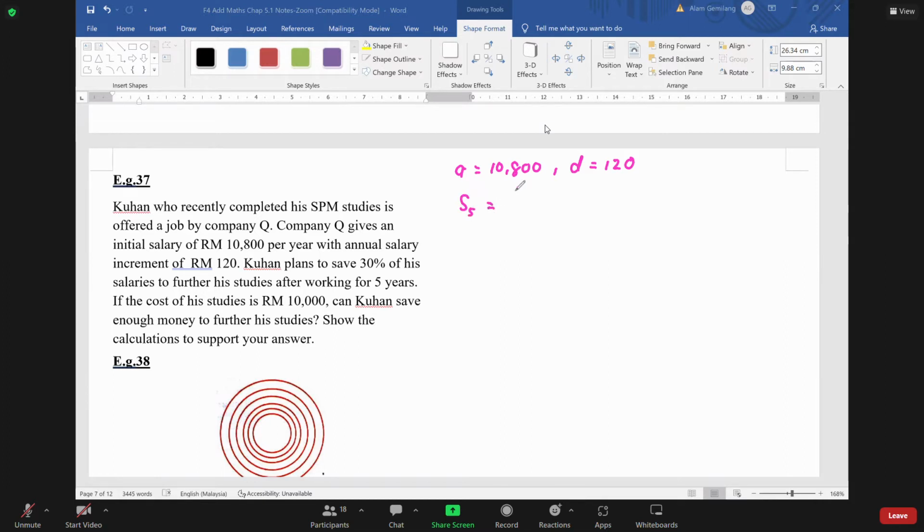So S5 is 5 over 2 times 10,800 plus 5 minus 1 times 120, right? So that means the total salary will be 5 over 2 times 21,600 plus 480, right?